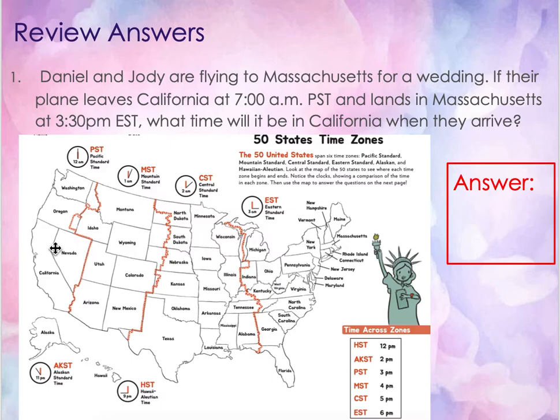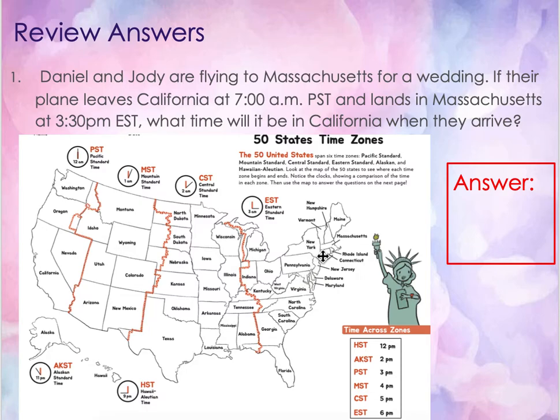So if you're in California and it's 7 a.m., then over here it'll be 8 a.m., 9 a.m., 10 a.m. Then again, you're adding 3 hours.